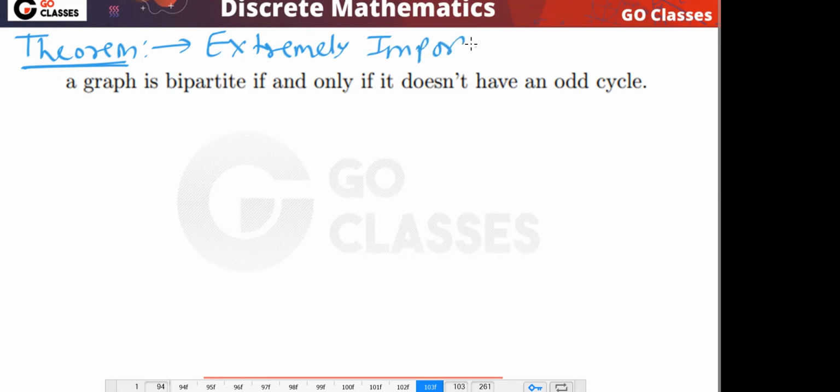This theorem is extremely important. I will give you the idea of the proof, but the proof is not easy. The proof is complicated. The most concise proof, in IISc, they teach in 25 minutes.